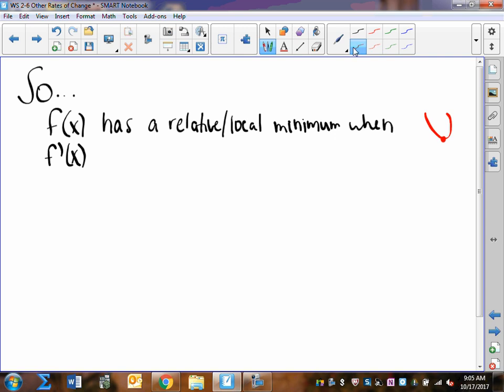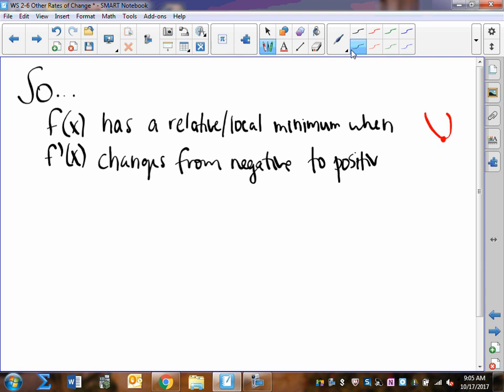What does it change from? Negative to positive. So when f prime of x changes from negative to positive. So we can pull information about our local min of our original graph by looking at the derivative.